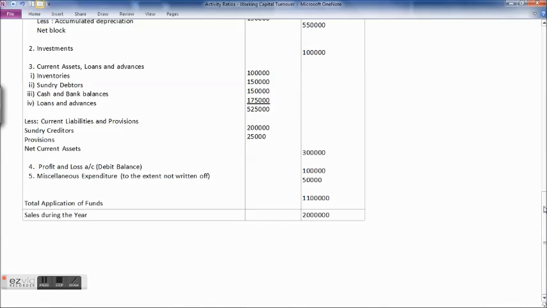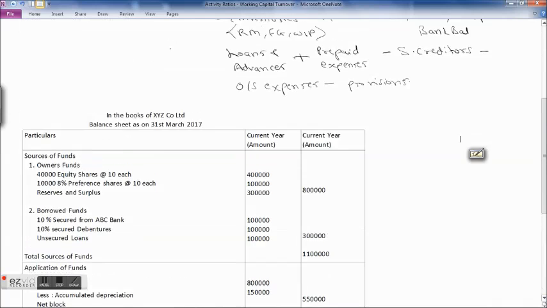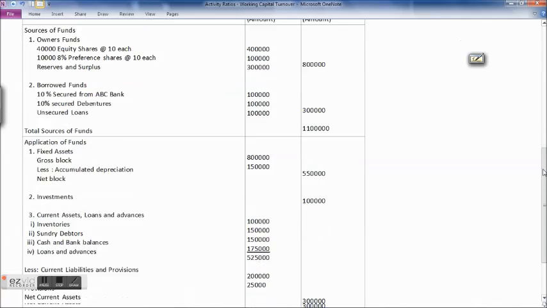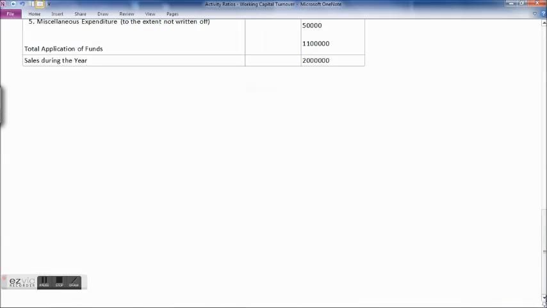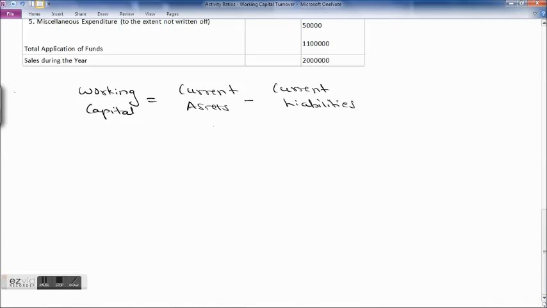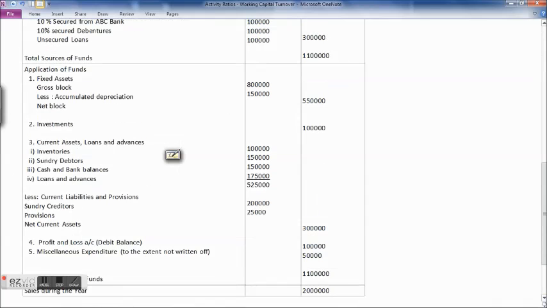We have to calculate working capital turnover ratio. Before that, let's calculate the working capital. Working capital is equal to current assets minus current liabilities. So how much are the current assets?